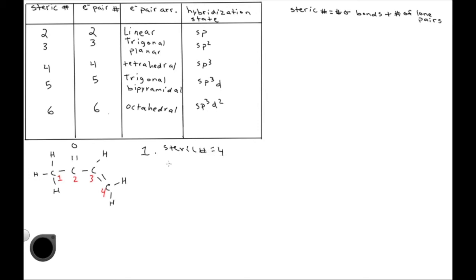Our electron pair number is also going to be equal to 4. So our electron pair arrangement is going to be tetrahedral.